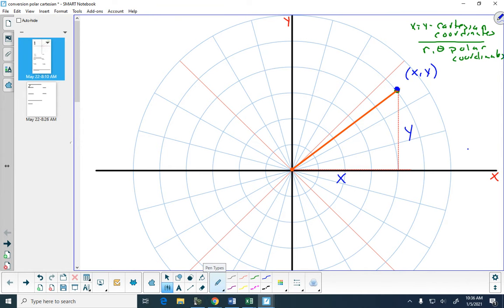So we can also label this point: I'm going to rotate theta and move out r. So we can also label this point r and theta.